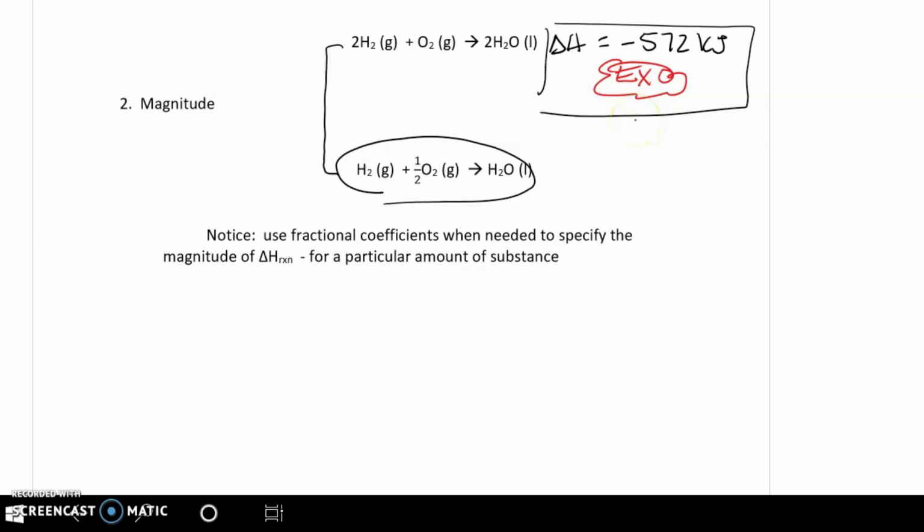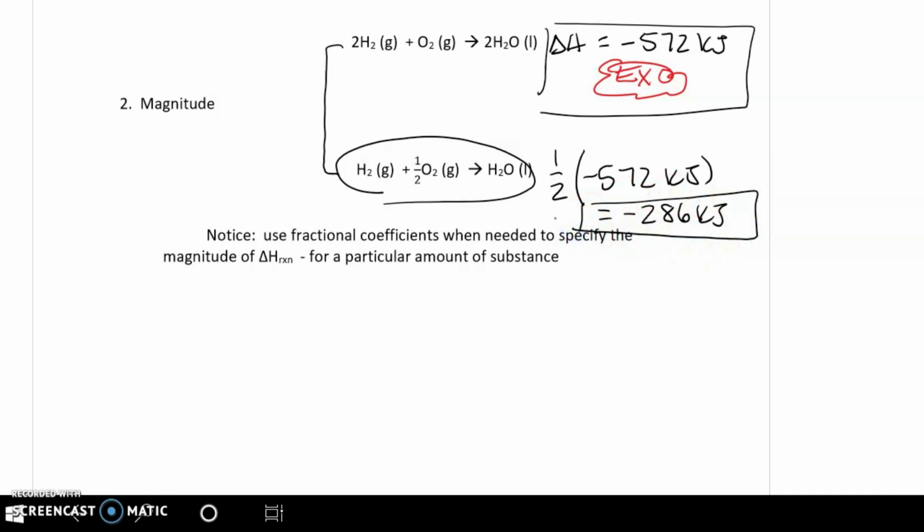We are going to take half that amount. So half that amount would be one half times our negative 572 kilojoules, and here we're going to get a negative 286 kilojoules. So again, the relationship is that your enthalpy is proportional to the amount of substance in our reaction.